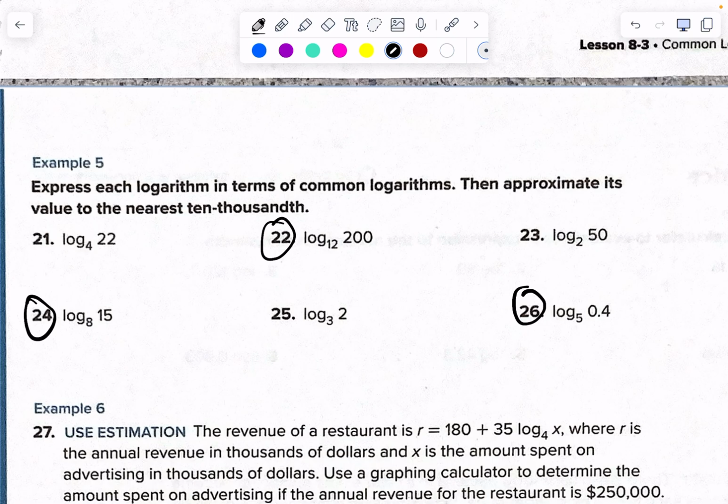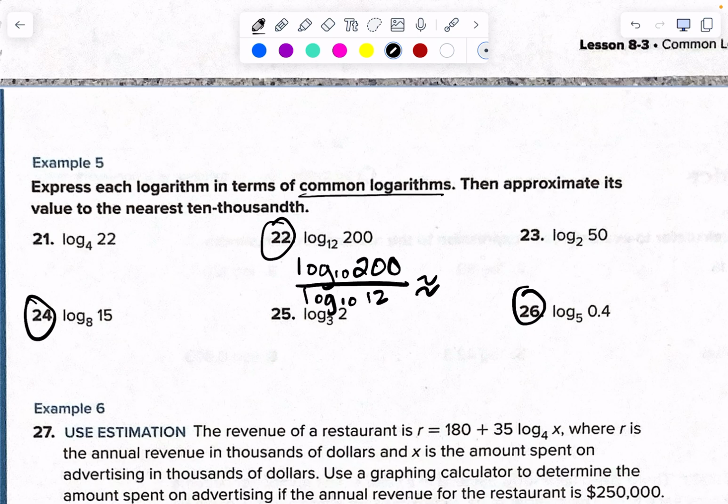Okay, just real quick on number 22. It says express it in terms of a common log. If you just write down the answer, it's wrong. You have to write out the whole log base 10 of which number goes on top? Do we really have to? Yes, you do have to write it down. Log base 10 of 200 over log base 10 of 12, and then write the answer down.